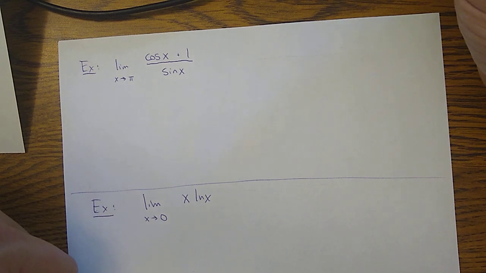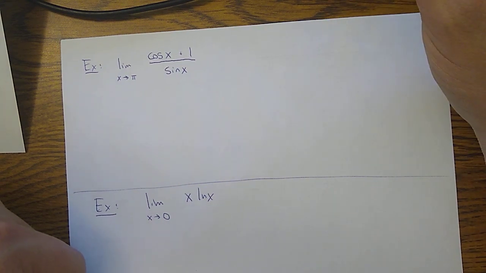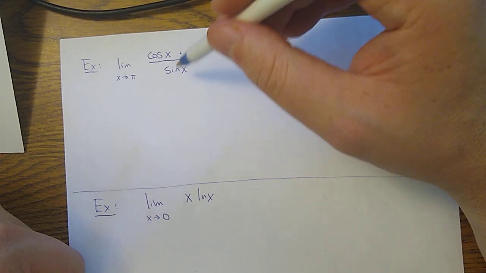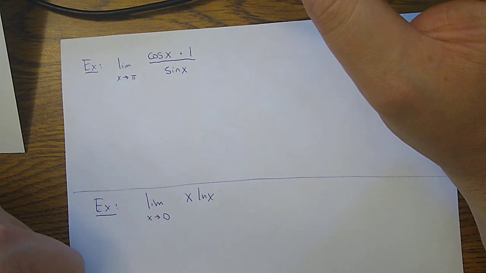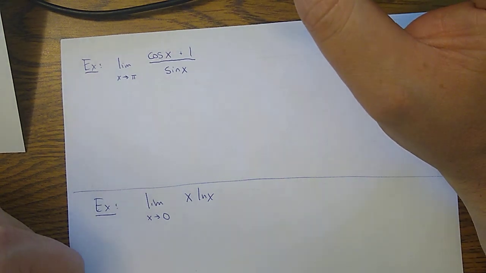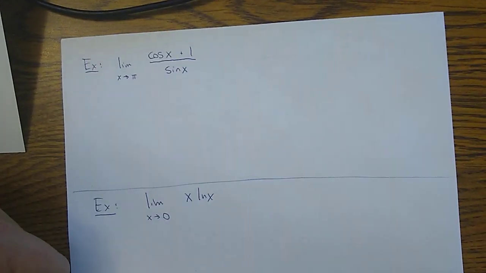Okay, let's do another one. This one, maybe we wouldn't know how to do before this section, but now we're going to be able to do this. As x goes to pi, okay, we have to actually think now. Cosine of pi is -1.